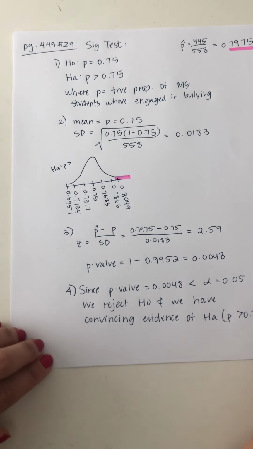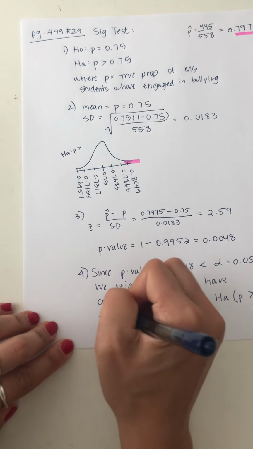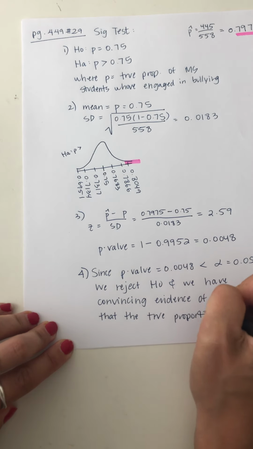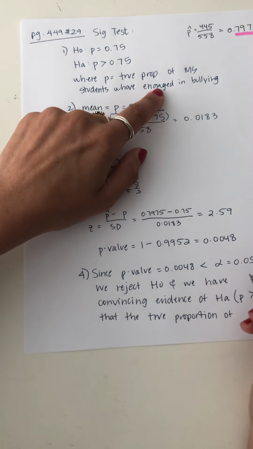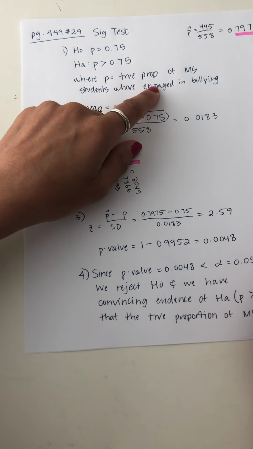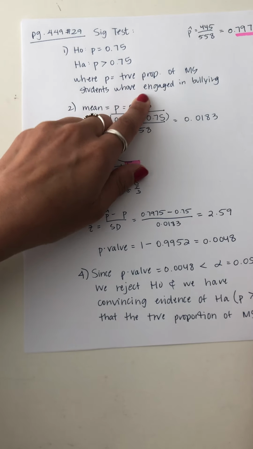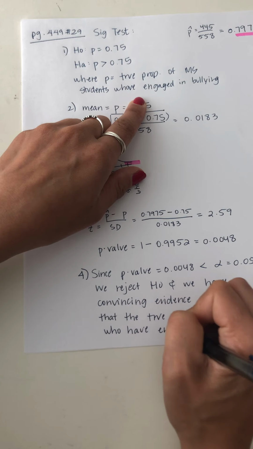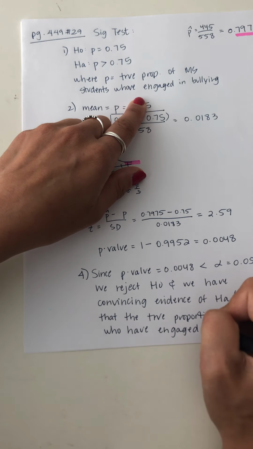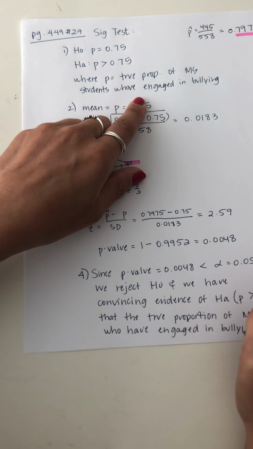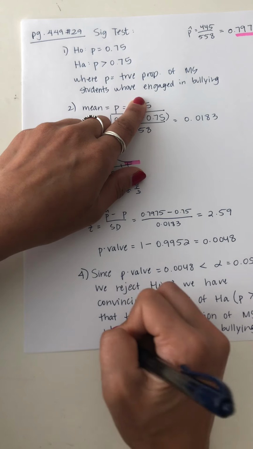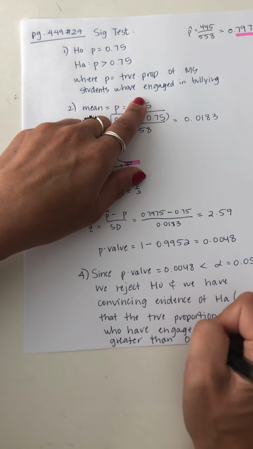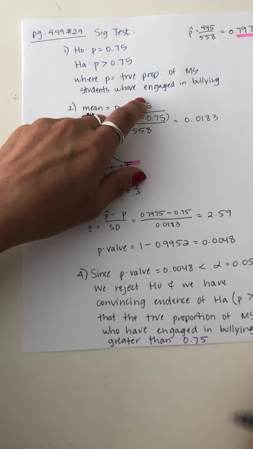We have convincing evidence of the HA that the true proportion of middle school students who have engaged in bullying is greater than 0.75.